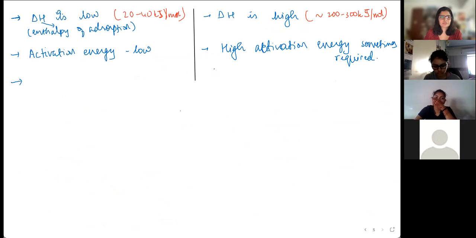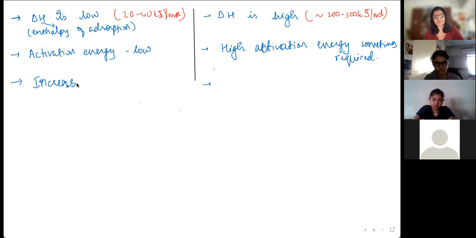What else? We've spoken about temperatures, enthalpies, and energies. Oh, one last thing. Both of them depend on the surface area. Physisorption increases with surface area, chemisorption also increases with surface area. Both of them are surface phenomena. So more surface means more adsorption.